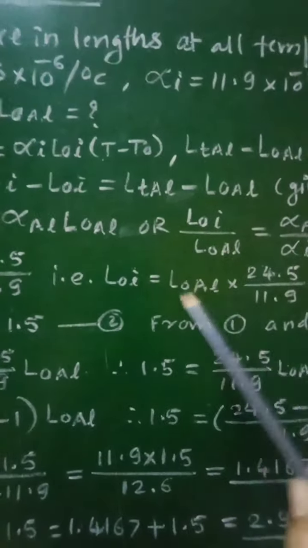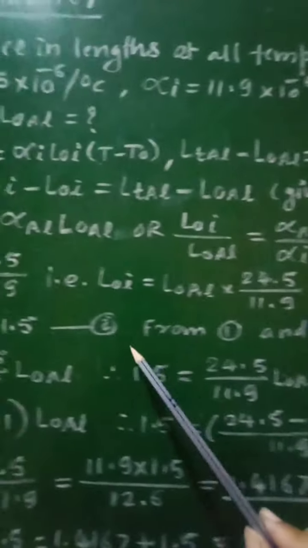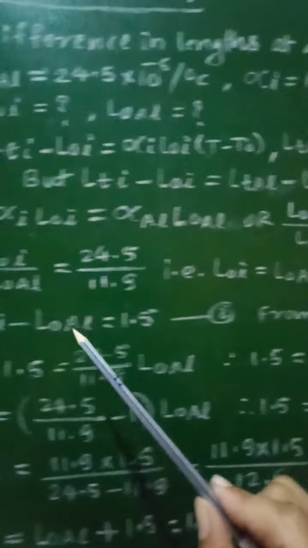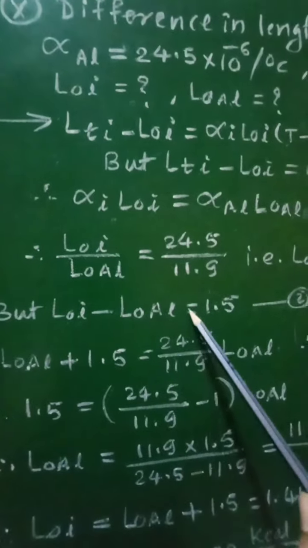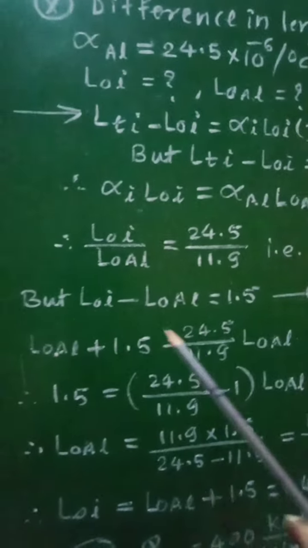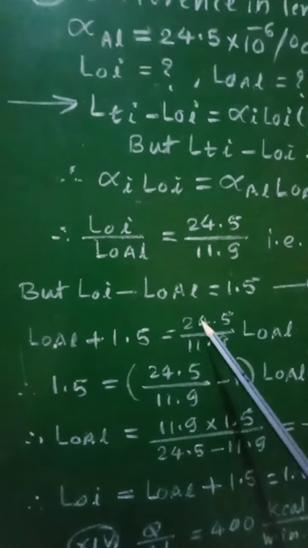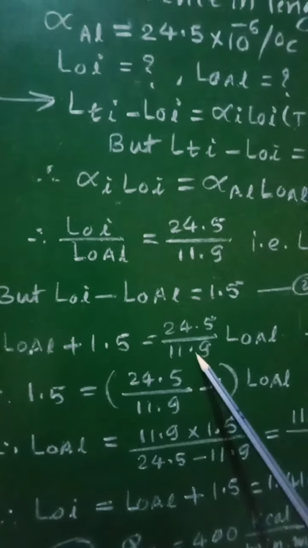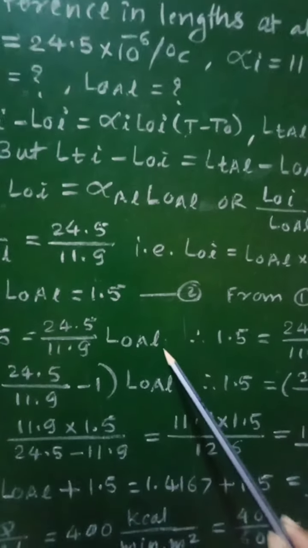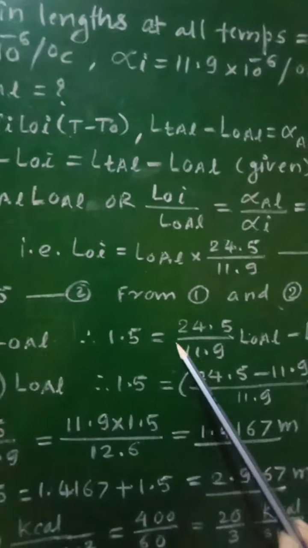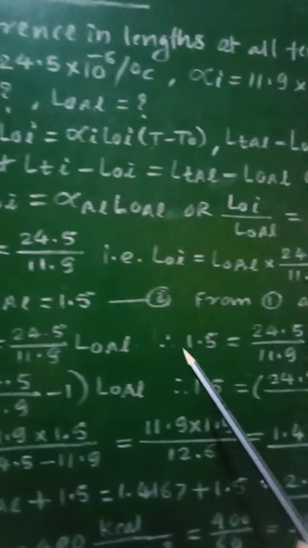From equations 1 and 2, putting the value of L0I from this relation, that is L0I equal to L0AL plus 1.5, we can write L0AL plus 1.5 equal to 24.5 upon 11.9 into L0AL. Therefore, we can write 1.5 equal to, this L0AL will be shifted to RHS.